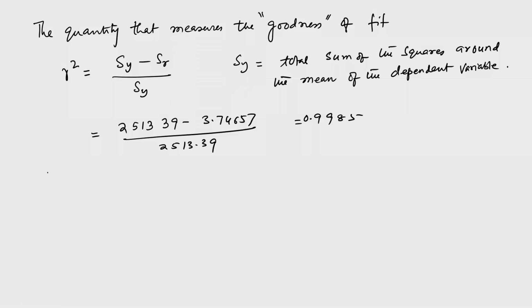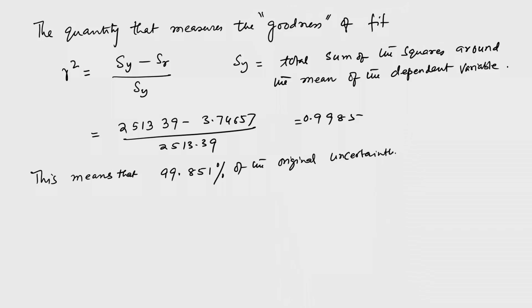So, this is equal to 0.99851, which means that 99.851% of the original uncertainty has been explained by this quadratic fit.